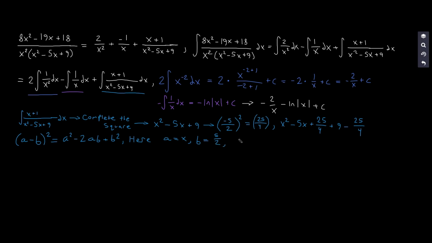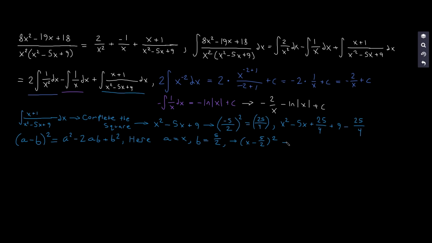That's going to be, the square is going to be x, I'll put an arrow, x minus 5 halves squared, right? And then that's going to account for these guys here.